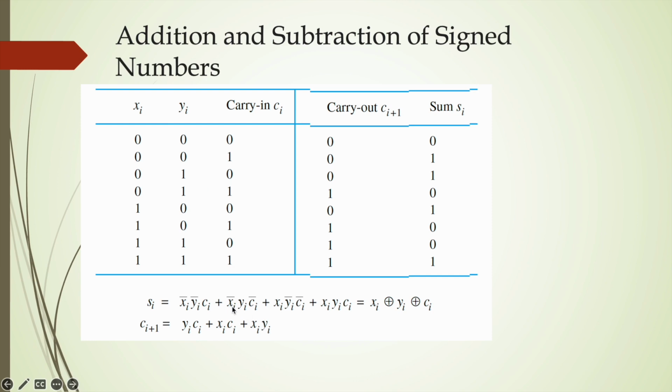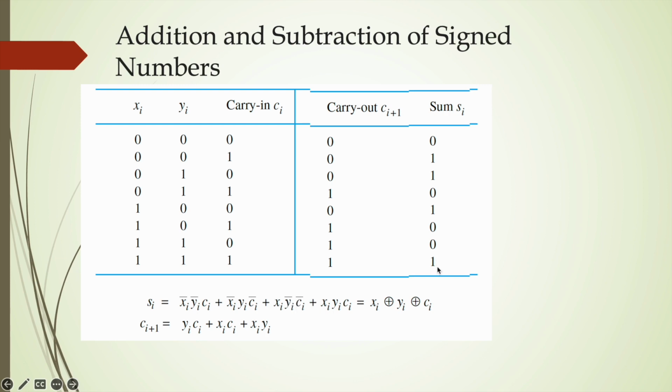Xi bar into Yi into Ci bar. And again it is 1 when Xi is 1, Yi is 0, Ci is 0. Xi into Yi bar into Ci bar. Here bar represents a 0 value.